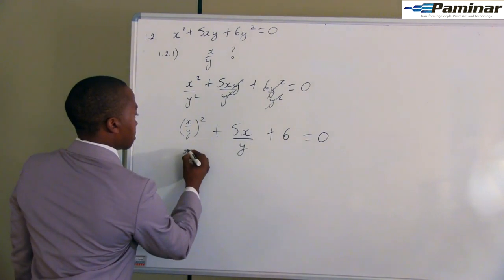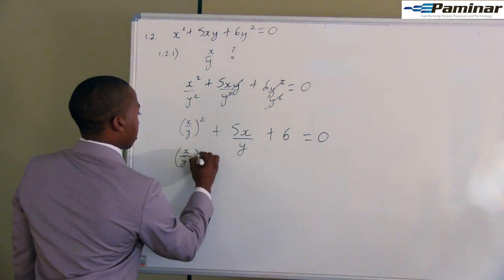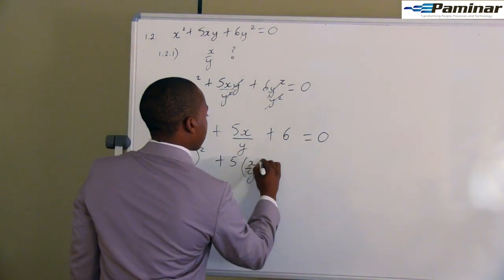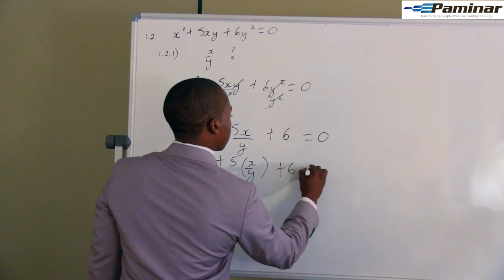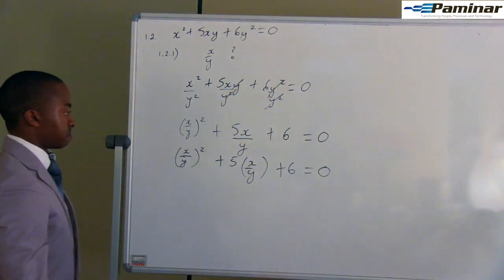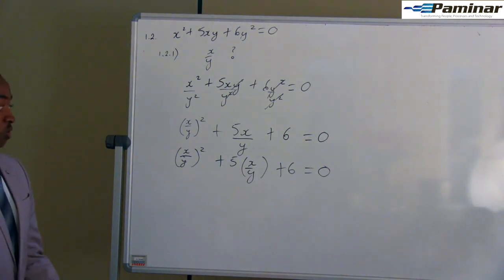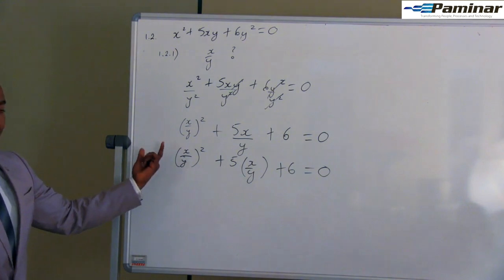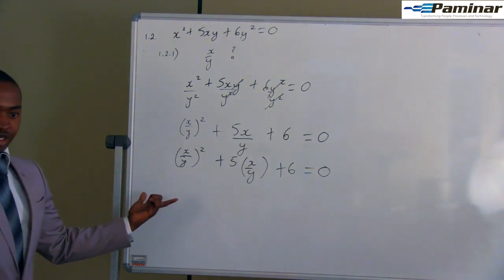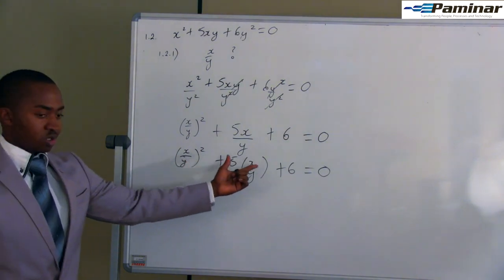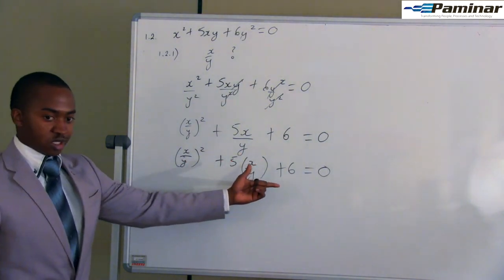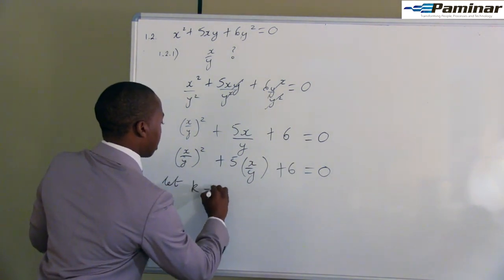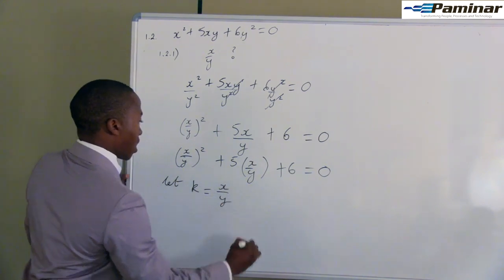So all in all, can you see you're left with x over y all squared plus 5 times x over y plus 6 is equal to 0. So we've got our x over y in place now. Can you see this has the form of a quadratic once again? Because you've got a square there, you've got an x over y, you've got your 6. Let us say, let k equal x over y.